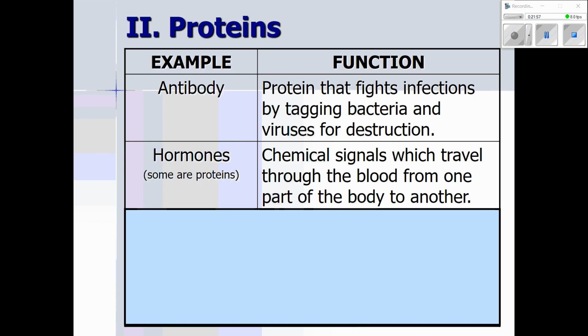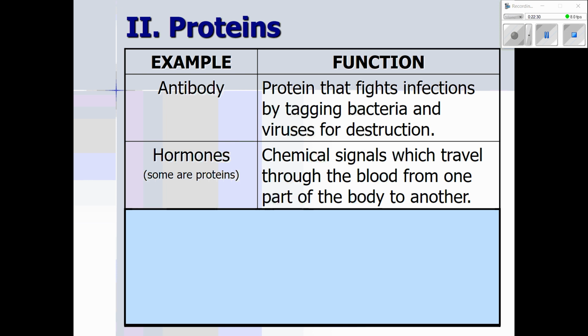An antibody is a protein that fights infections by tagging bacteria and viruses for destruction. So you have special white blood cells called plasma cells, and they secrete these antibody proteins which then attach to the foreign invader, the virus or the bacteria that's making you sick.